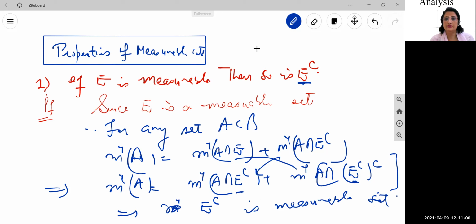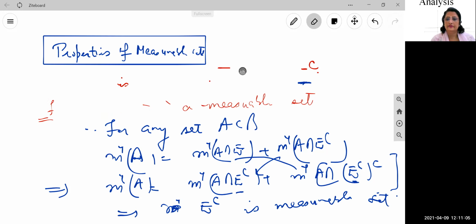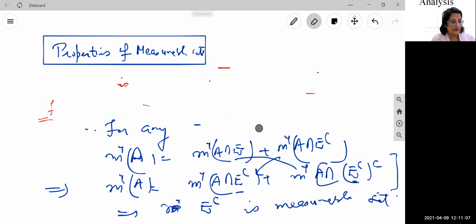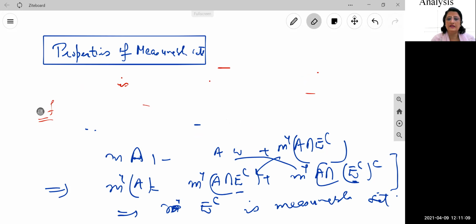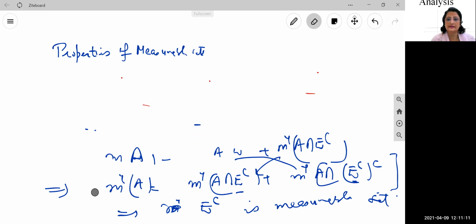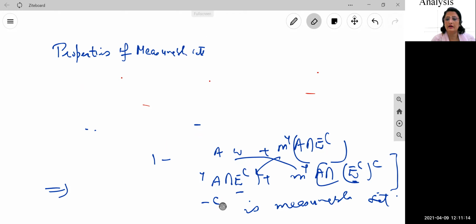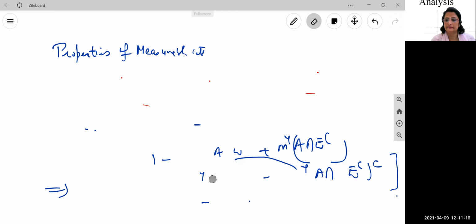Now, property number 2. Second property states the set phi and R are measurable sets.